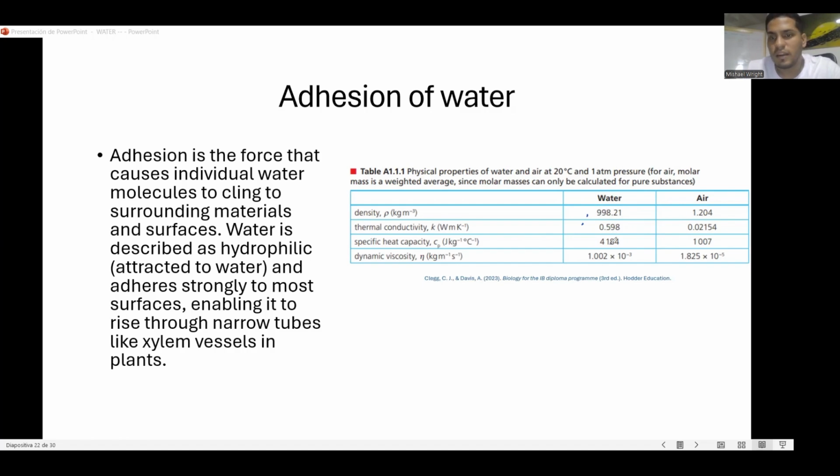Specific heat capacity is 4.184, in air it is going to be 1.007. And the dynamic viscosity is 1.002 times 10 to the minus 3, and 1.825 times 10 to the minus 5. So the differences are notorious.